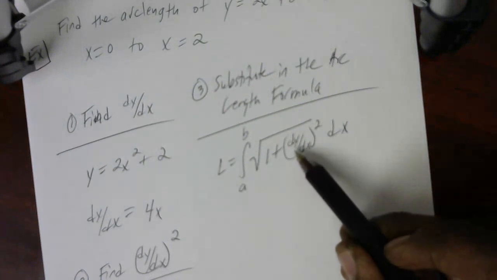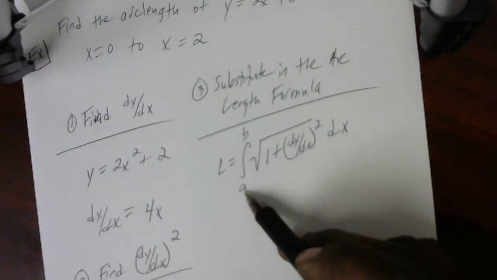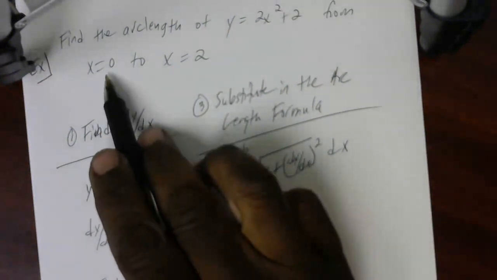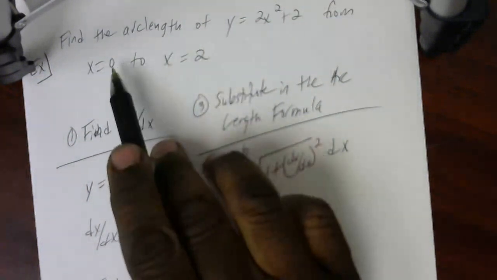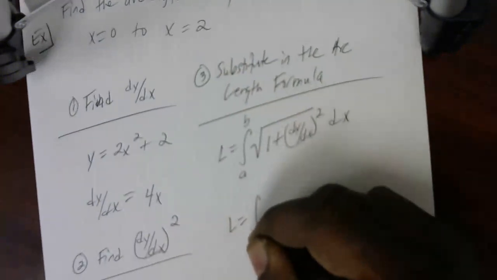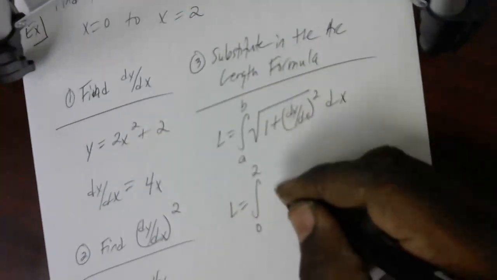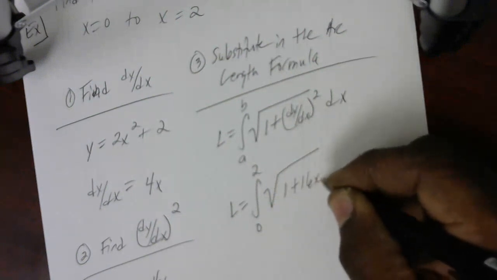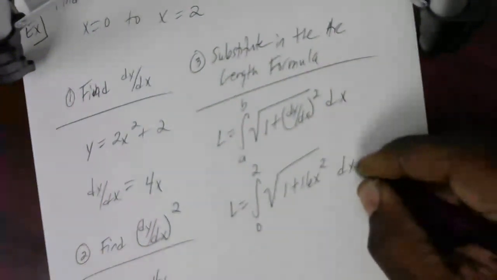I'm simply going to substitute (dy/dx) squared with 16x squared. We're asked to find the length of this curve on the interval from 0 to 2. So the length is going to equal the integral from 0 to 2 of the square root of 1 plus 16x squared dx.